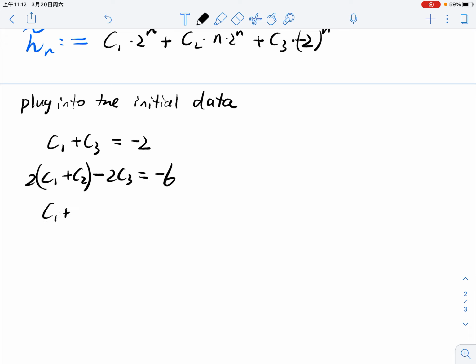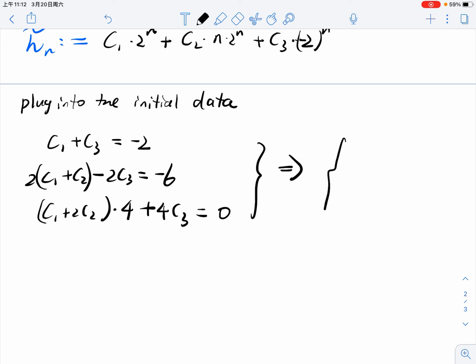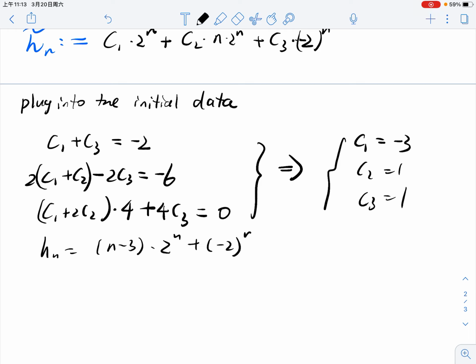And 4 times (C1 plus 2 C2) plus 4 C3 is 0. Now you have 3 variables and 3 equations. In general, you will have a solution. Here you solve it, and we find that C1 is negative 3, C2 is 1, C3 is 1. So Hn is (n minus 3) times 2 to the nth power plus negative 2 to the nth power.